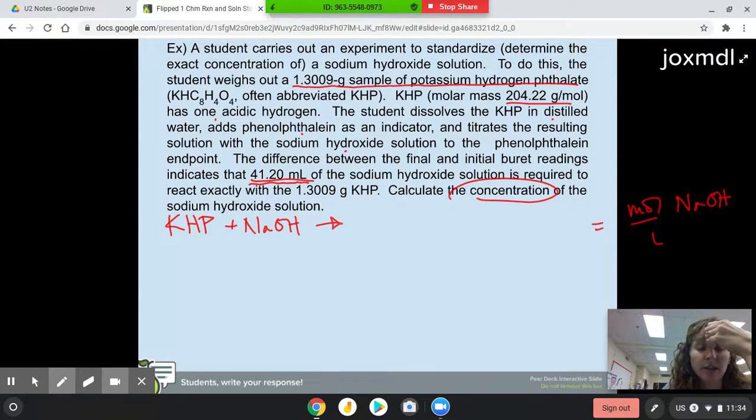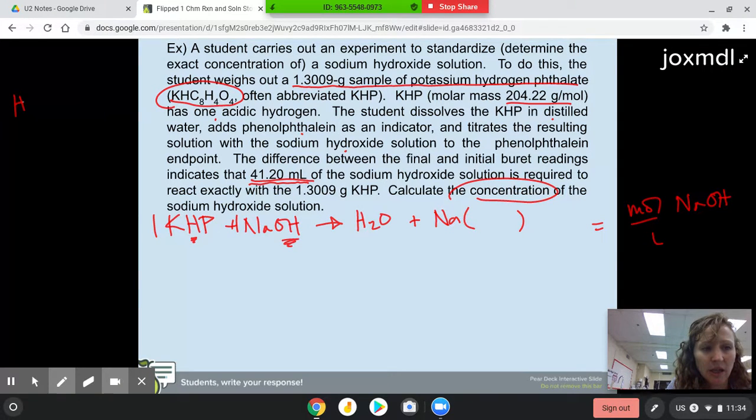So your products are always going to be water. And if it has one acidic hydrogen to one hydroxide, it's going to be a 1-to-1 ratio. And then you're going to have a salt, which is going to be Na, and then whatever else is left from the KHP.